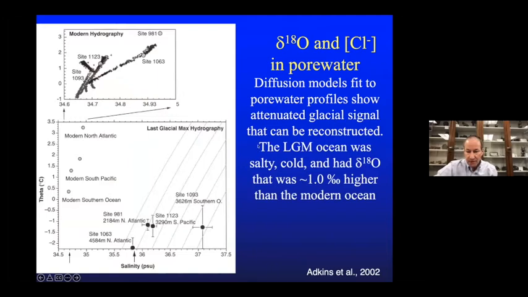And the robust conclusion from these studies, I played a small role in a couple of them, but they were led by colleagues at Harvard and Caltech, and now many others have come to the same conclusion. The glacial ocean was saltier, colder, and had a delta O18 that was about 1 part per thousand higher than the modern ocean.